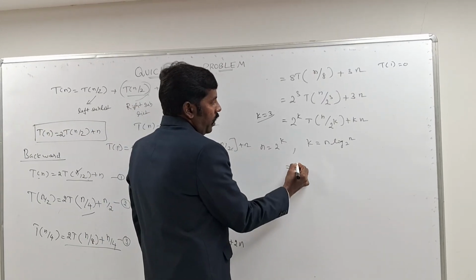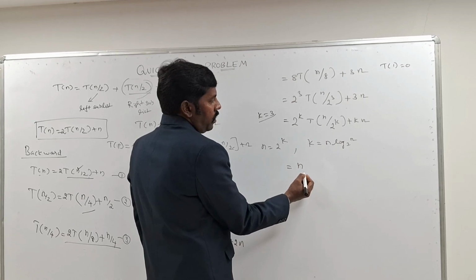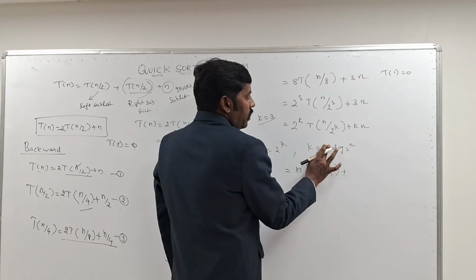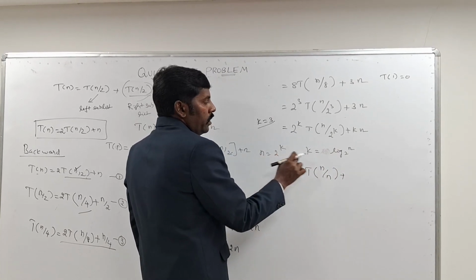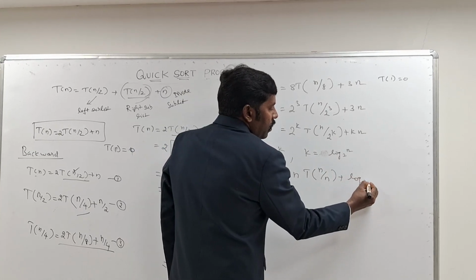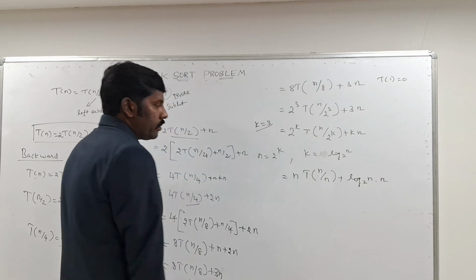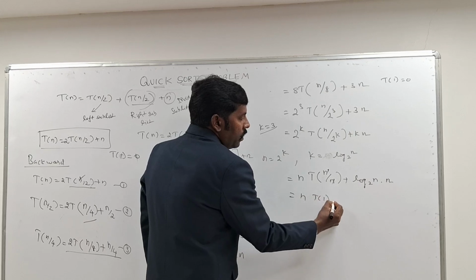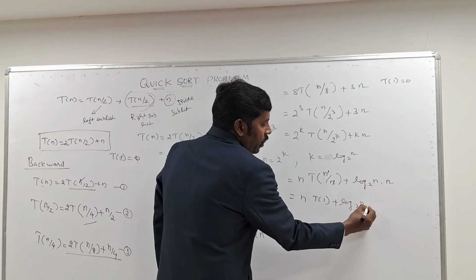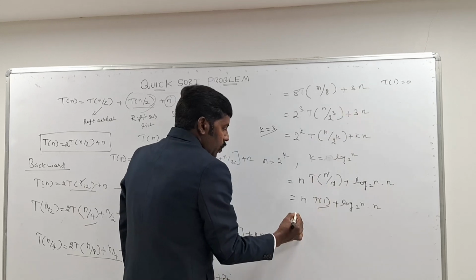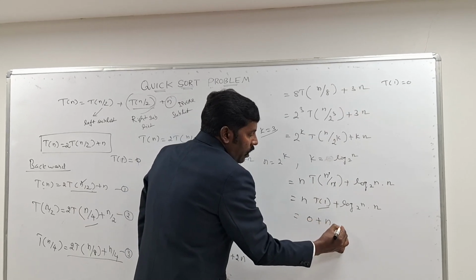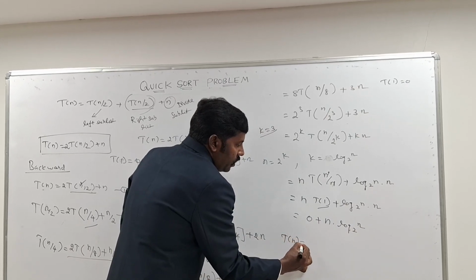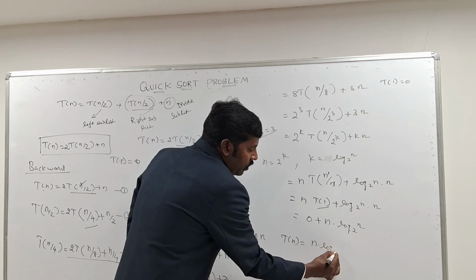Substitute the value. Since n = 2^k, k = log2 n, so we get n·T(1) + n·log2 n. So T(1) = 0, assume this term is 0, then T(n) = n·log2 n.